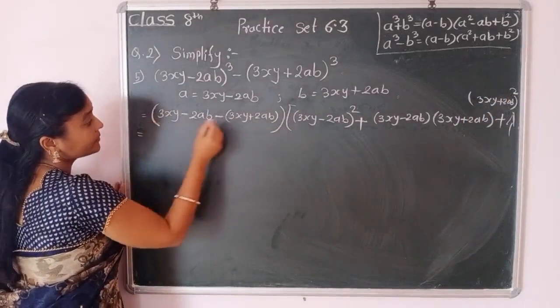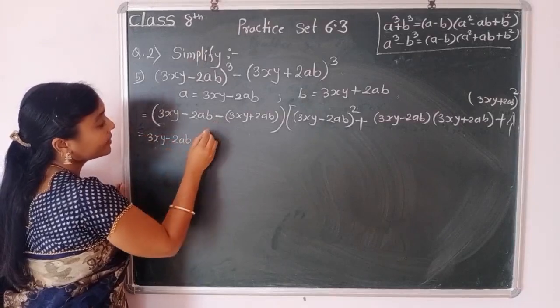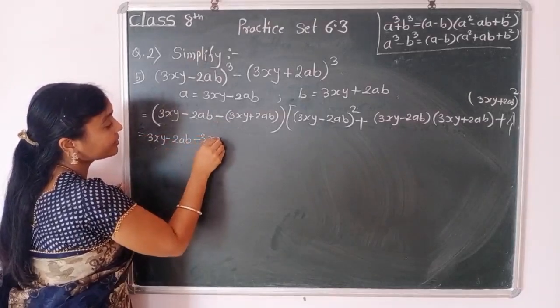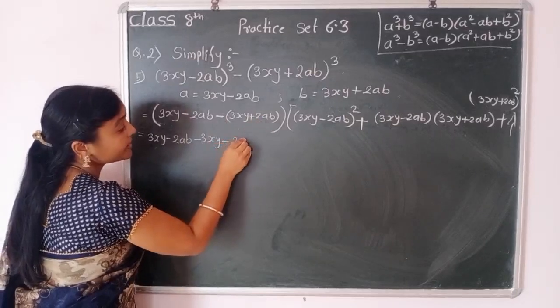Then we solve this. Thrice xy minus twice ab minus 3xy minus twice ab.